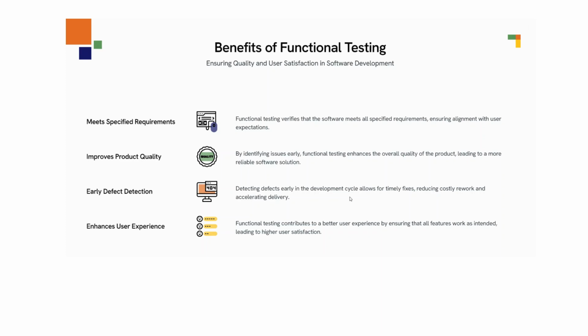If you are going through the sprints and you are raising bugs, they go to developers and they fix them on time, reducing costly rework and accelerating delivery. It means you won't get those bugs in production. So detecting defects early in the development life cycle and fixing them in time reduces costly rework.